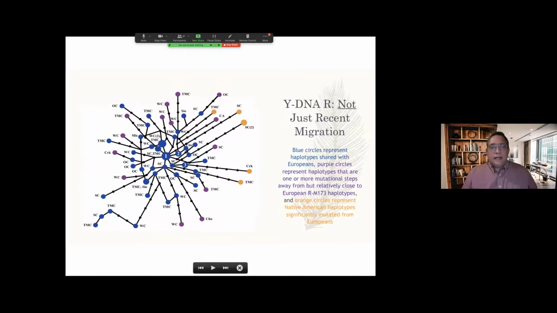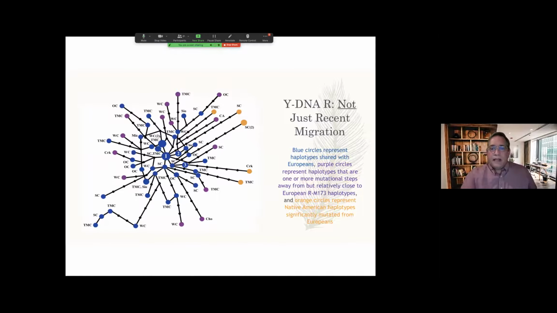Okay, and this is taken from one of the studies that tested the Native American tribes that had a high percentage of this Caucasian type Y-DNA. And so each of these blue dots were different, slightly different DNA, which is shared with Europeans, okay?